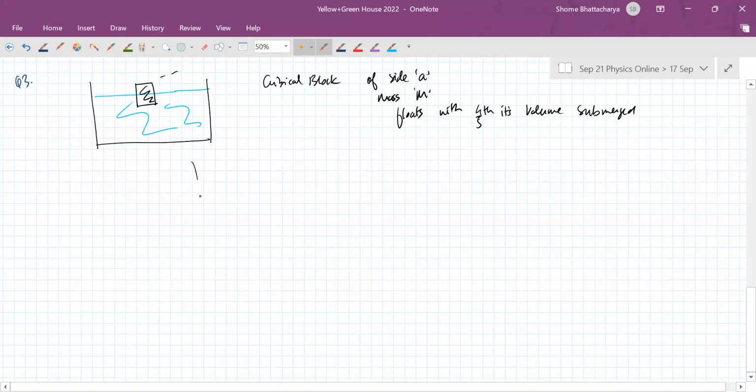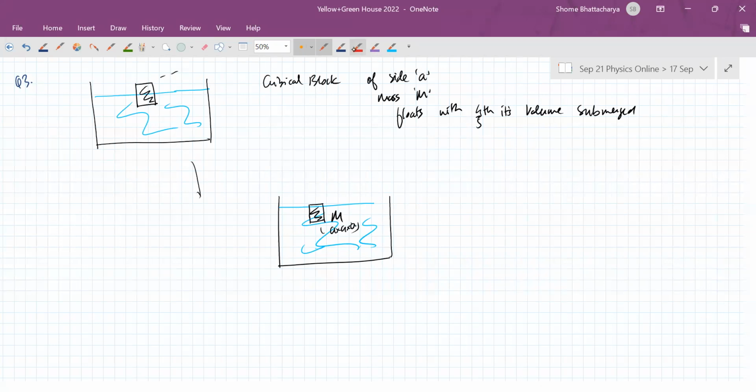Okay. Now from here, what is happening is that on top of that block, we are placing another mass, such that it is just about completely submerged. So on top of this block, we are now placing another object, say an object of mass small m.